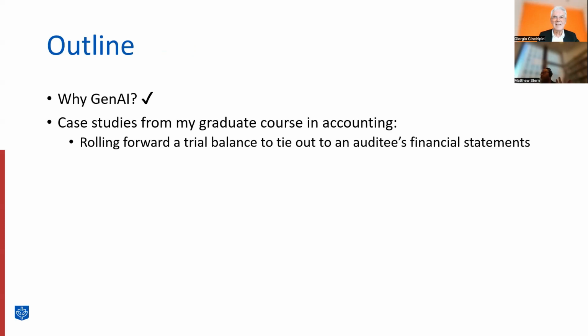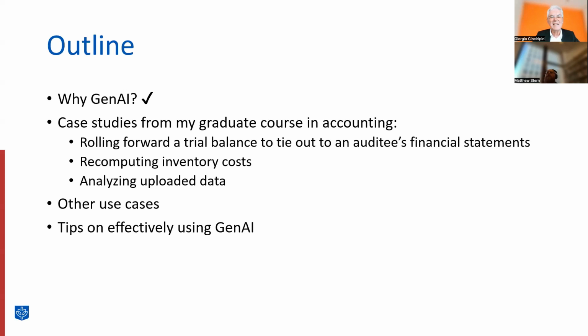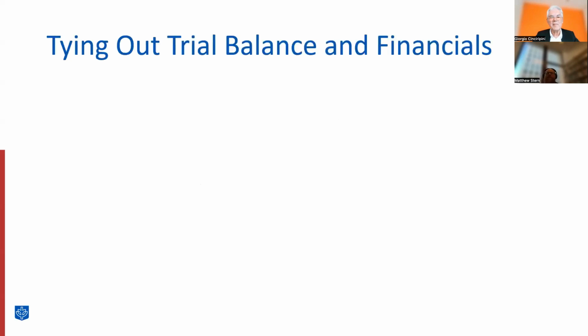This is something an auditor would do when given transactions and financial statements, analyzing uploaded data. Then I'll talk about some other use cases that are a little more difficult to put into a PowerPoint, but still very powerful. And then I'll give you some tips on using Gen AI effectively, most of which come from the article I published in Strategic Finance, along with Dr. Black from DePaul University.